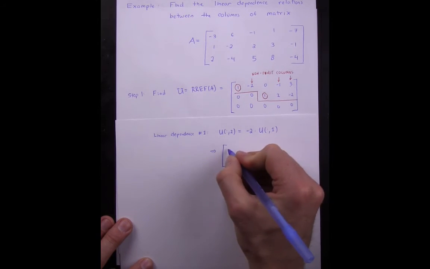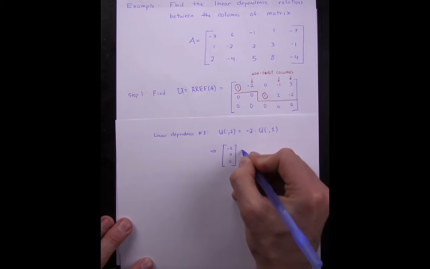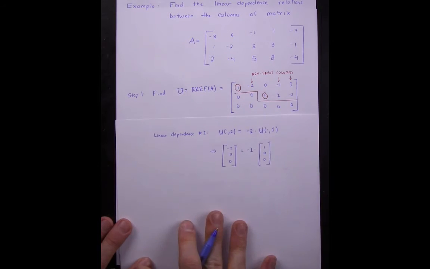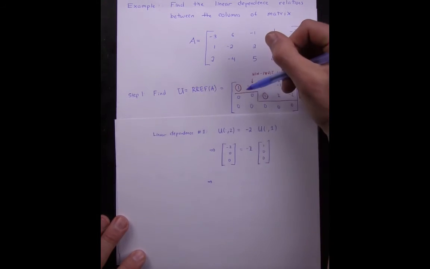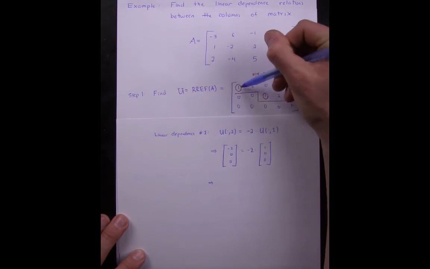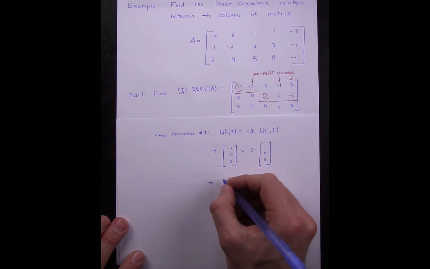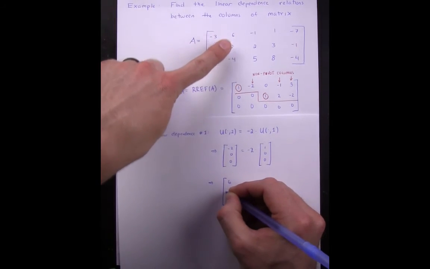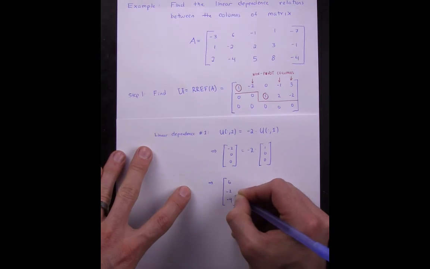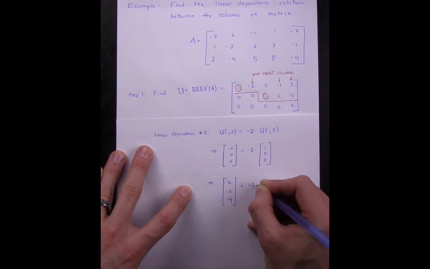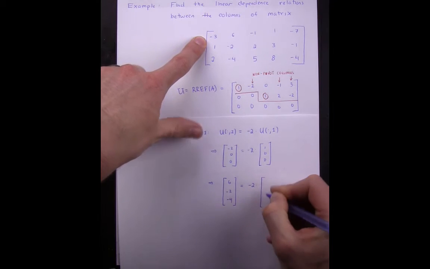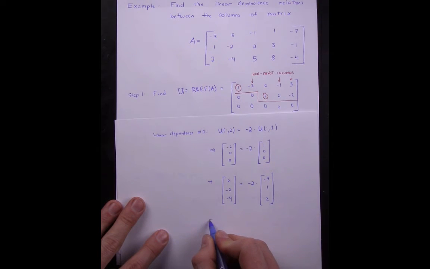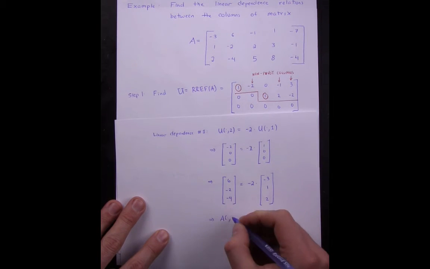We could write this in vector form that just says -2, 0, 0 is equal to -2 times 1, 0, 0. But the major claim that we're making is if this linear dependence relationship holds in U, the same one holds in A. In particular, we know that the second column of A would be -2 times the first column in A. We could write this using colon notation.